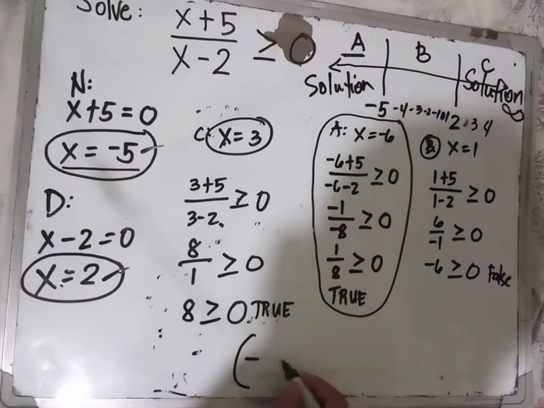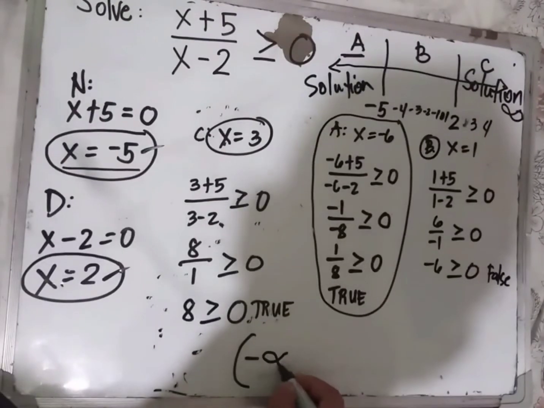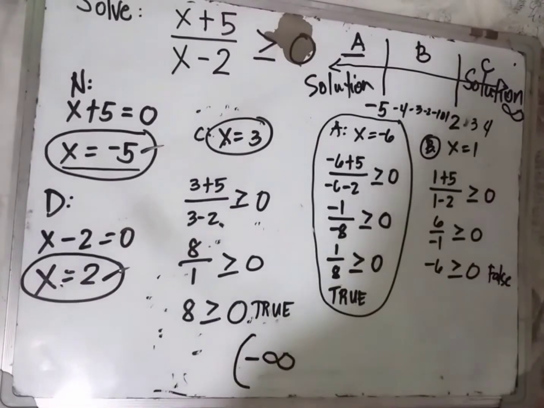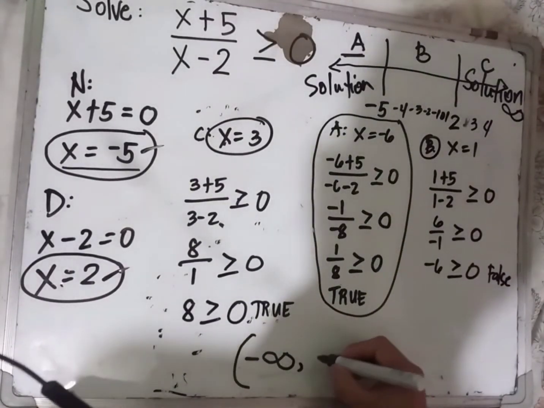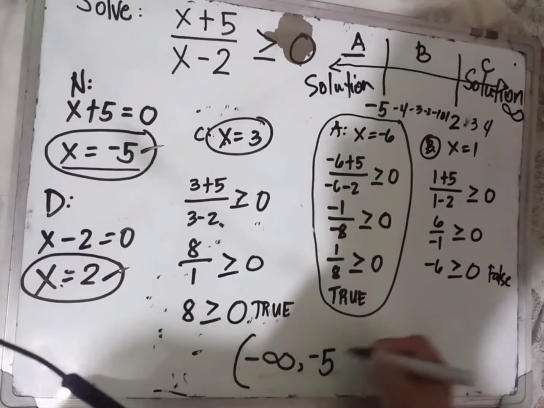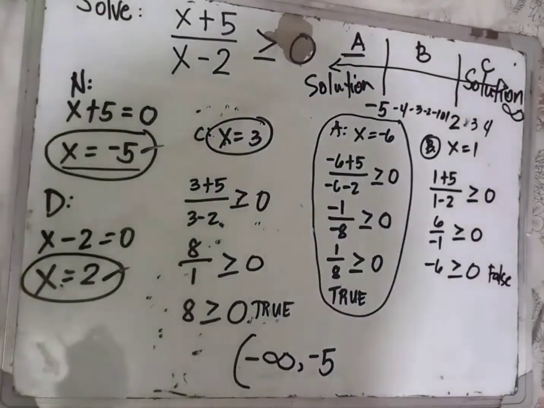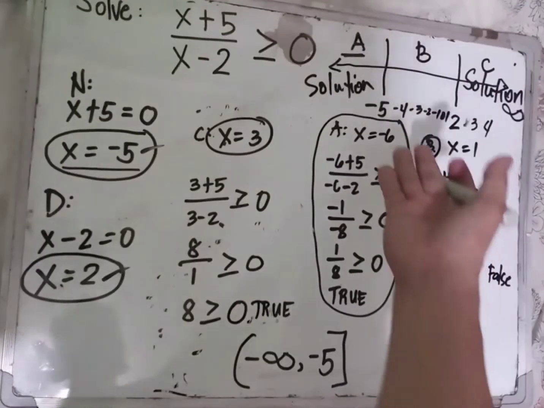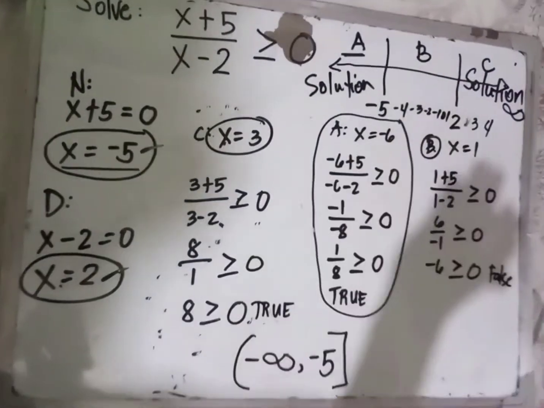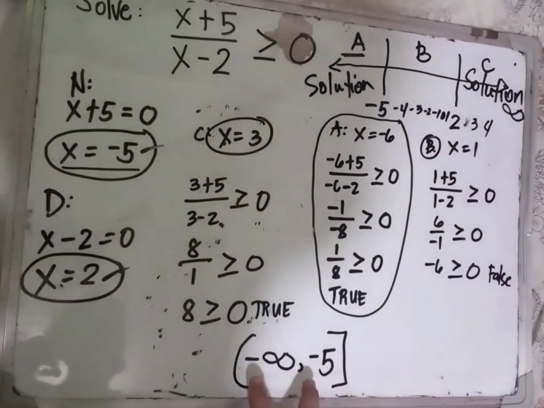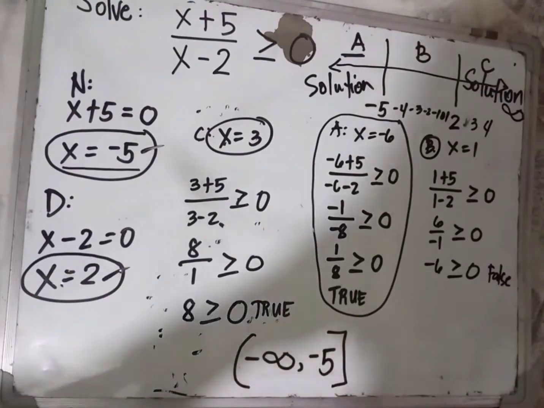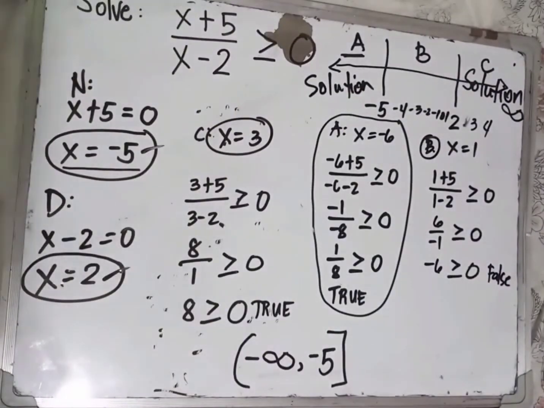From negative infinite numbers, lahat yan that is part of the solution to negative 5. That is interval A. We will use bracket kasi yung negative 5 is included sa solution.